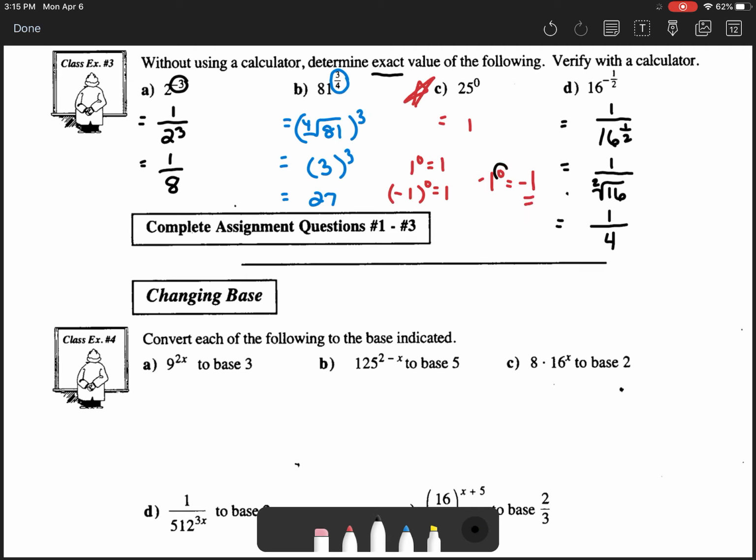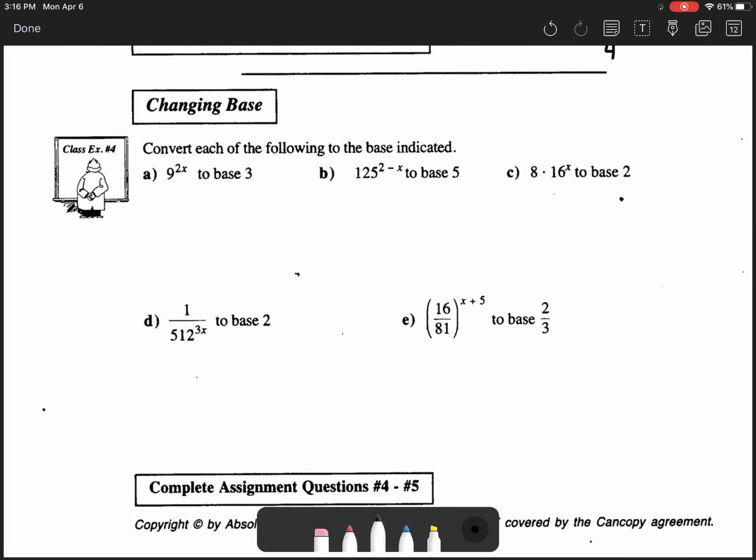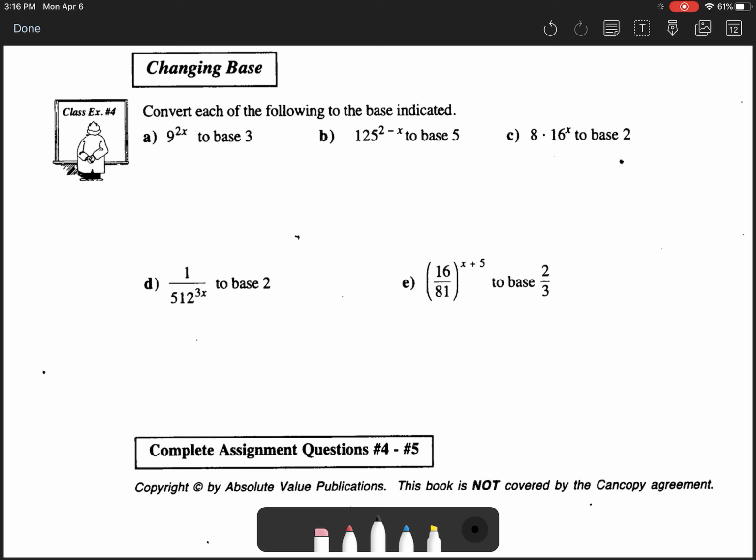The reason is that the exponent of 0 only belongs to the 1. There are no brackets around the negative 1, so it's like there's a negative 1 in front of the 1: negative 1 times 1 to the 0, which gives me negative 1. So be very aware of these three cases. They can be tricky, and especially this last one could give you some difficulty moving forward.